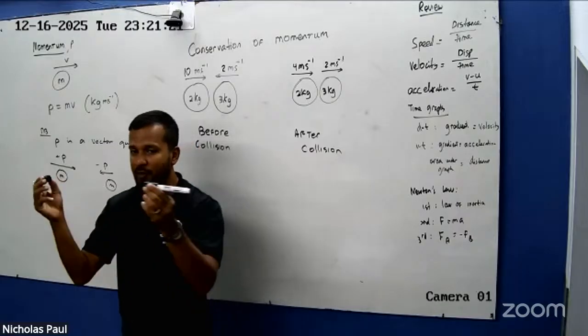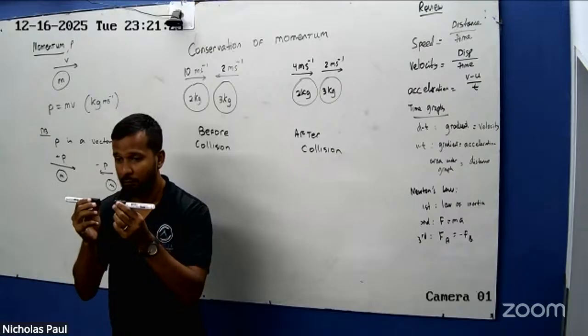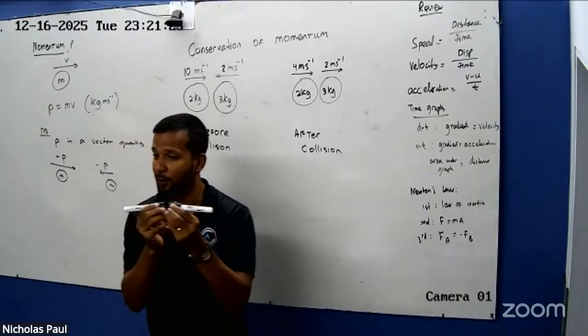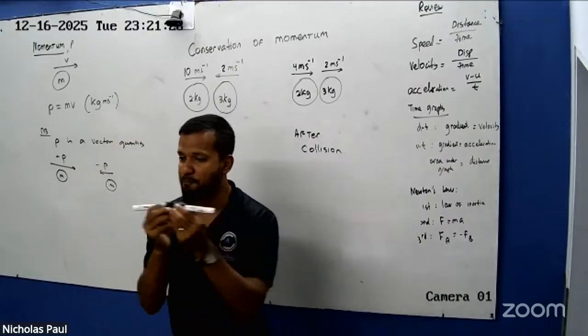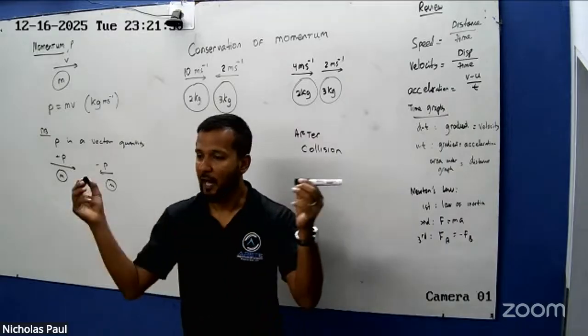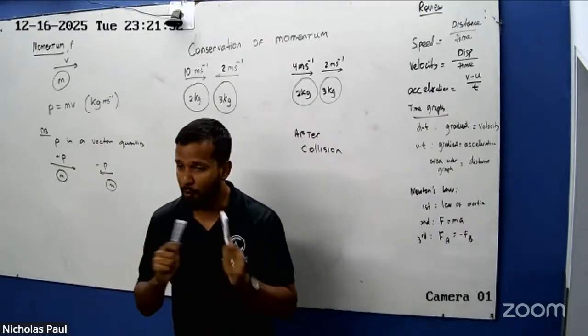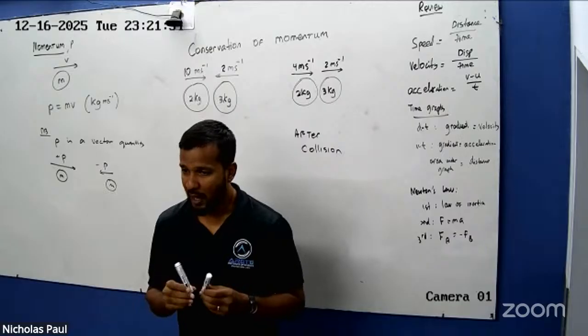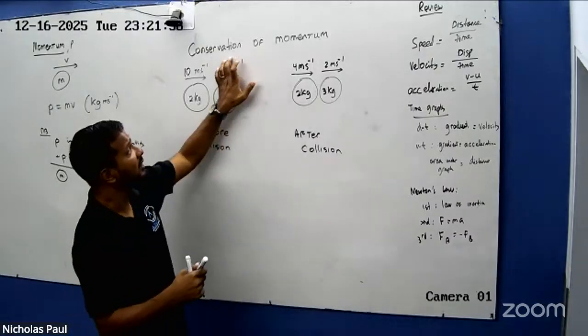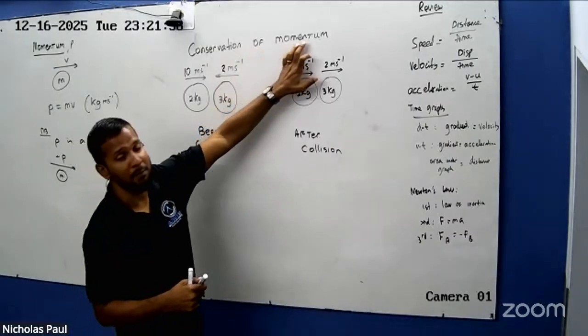So if they're moving like this, they both have momentum. When they collide, this might happen. If you find the momentum when they're moving like this, and when they're moving like this, both should be equal. That is called the conservation of momentum.